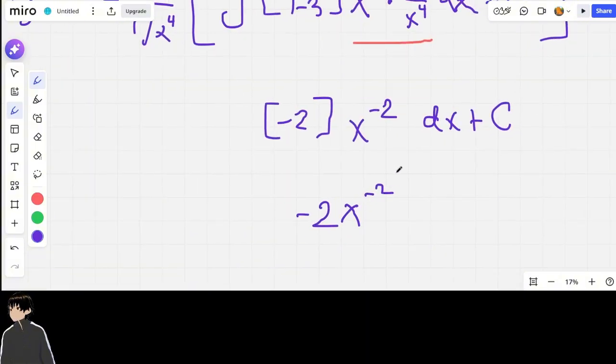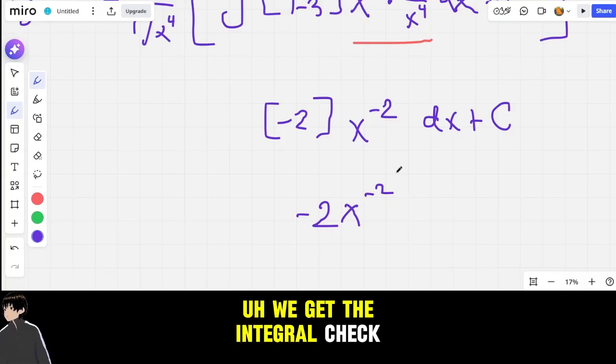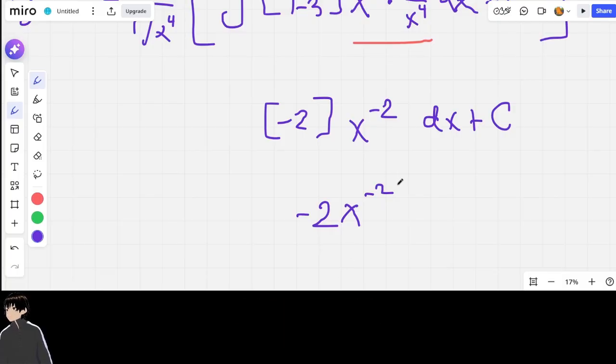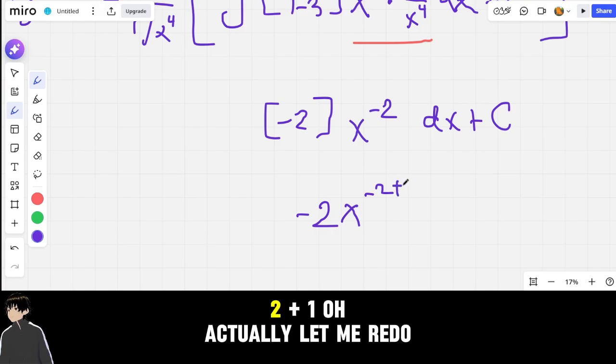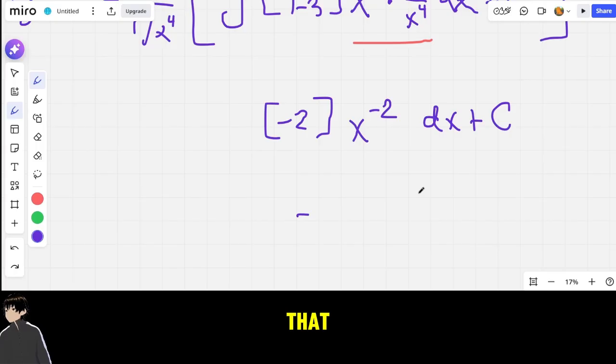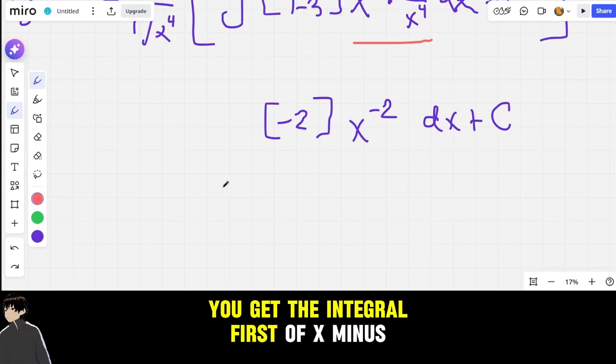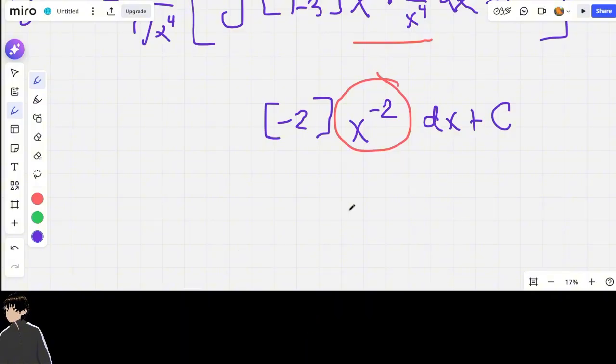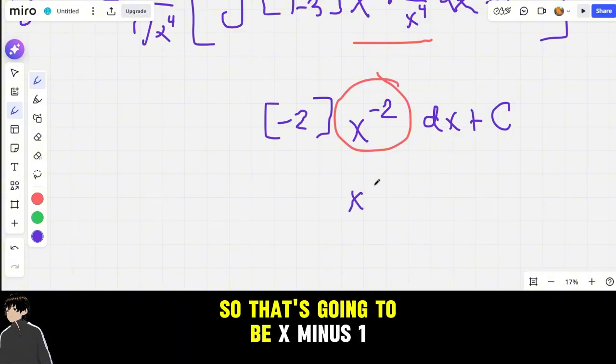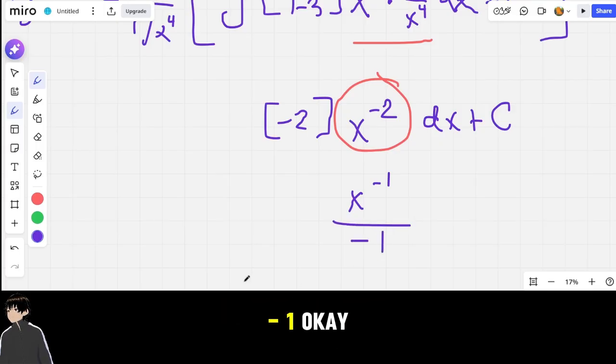And then we get the integral. Actually, let me redo that. You get the integral first of x to the negative 2. So that's going to be x to the negative 1 over negative 1.